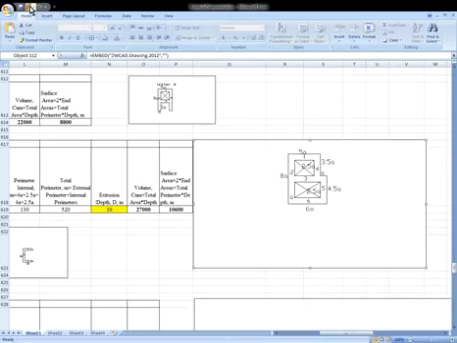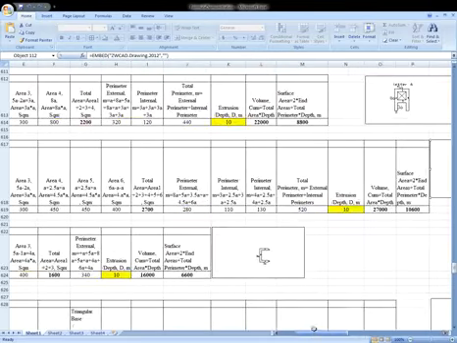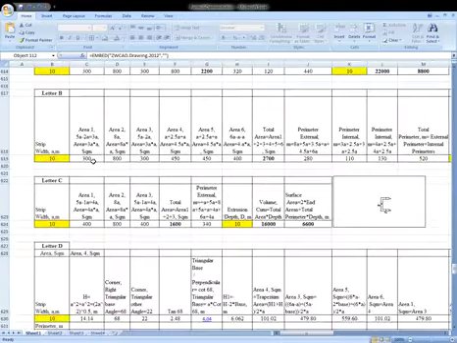So letter B has areas 1, 2, 3, 4, 5, 6. 6 areas are there. We have to work out for 6 areas.